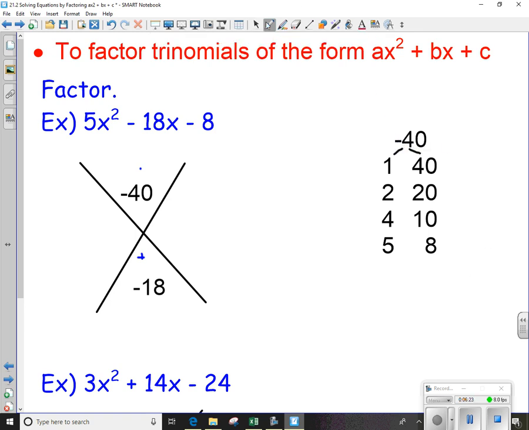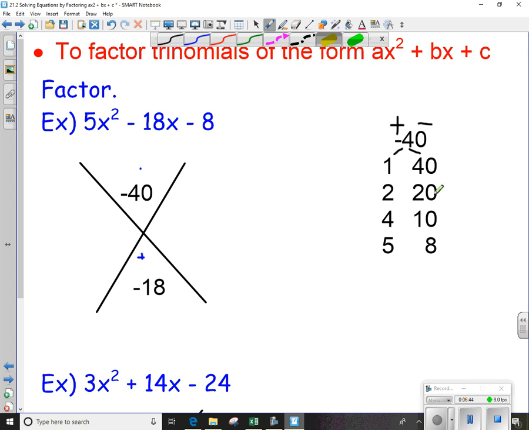Here in this case then, I want to find, but let me say this too, because it's a negative, you should know that one of those numbers is going to be positive, one of those is going to be negative. So as I go through my list, well, 1 and 40, even if one of them's negative, the biggest number I'm going to get is 39. That's not going to help.